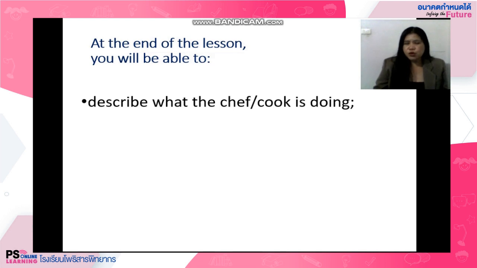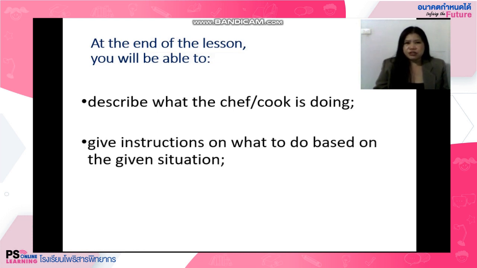It could be a photo or a video clip or an animated picture. Okay? So this time we're going to use verb, action words. Then, second is give instructions on what to do based on the given situation. Okay, what are you going to do here? I will explain that to you later, but that's one of the things that you're going to learn today.